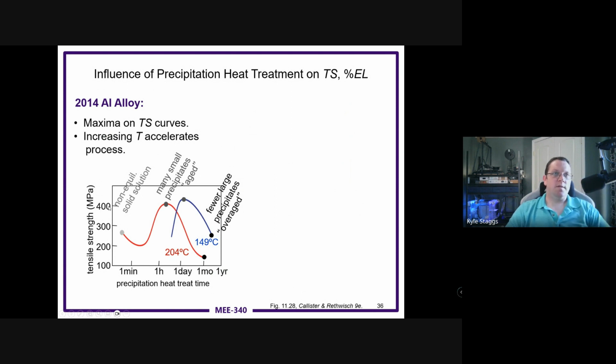So the tensile strength is precipitation heat treat time, depending on how long it's heat treated. There's a variance in the tensile strength, so it can be pretty significant, almost double the tensile strength depending on the solution. So non-equilibrated solid solution, meaning they're just mixed up bag as cast kind of thinking there.